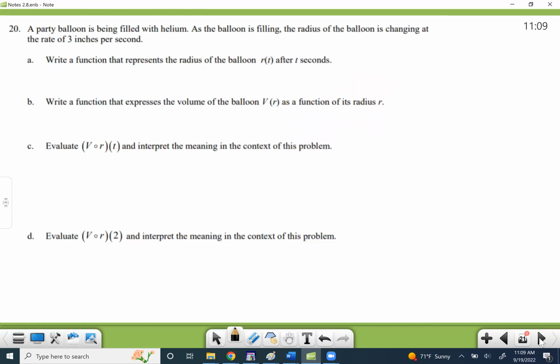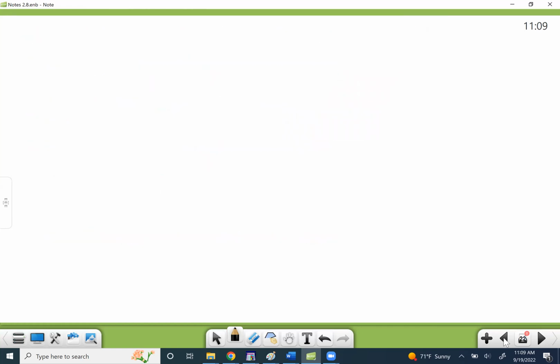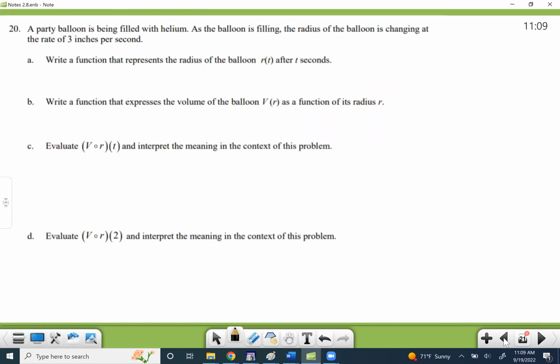All right. Let's do this word problem. That's our last one. A party balloon is being filled with helium. As the balloon is filling, the radius of the balloon is changing at a rate of 3 inches per second. So you start off with your balloon, right? Its radius is 0 at time 0. Then you start to blow it up, and it's changing 3 inches per second.